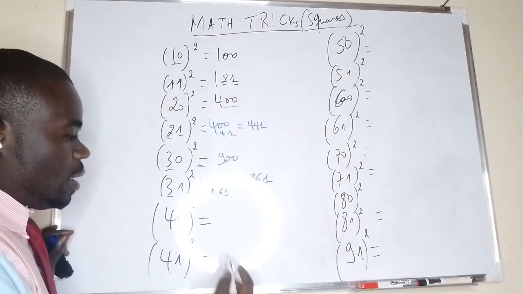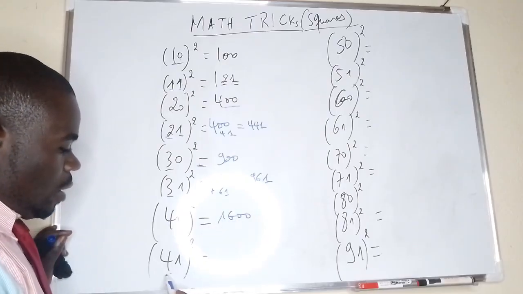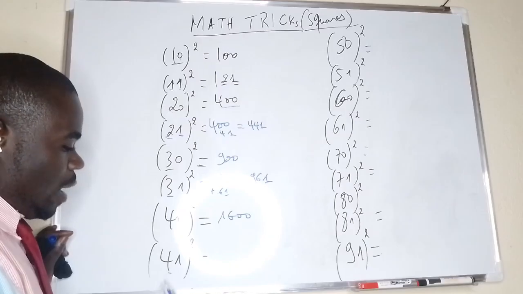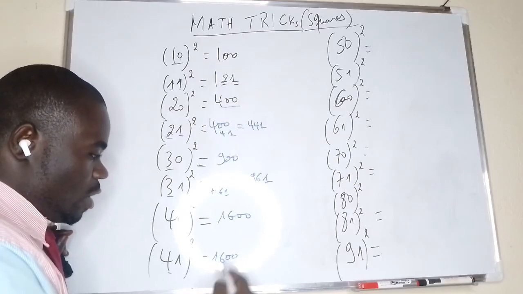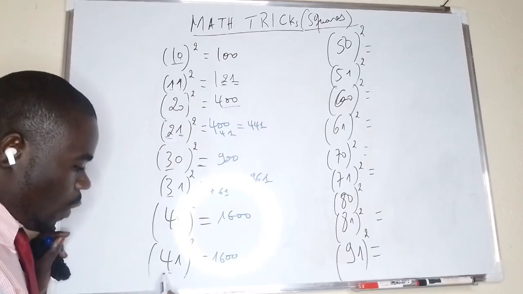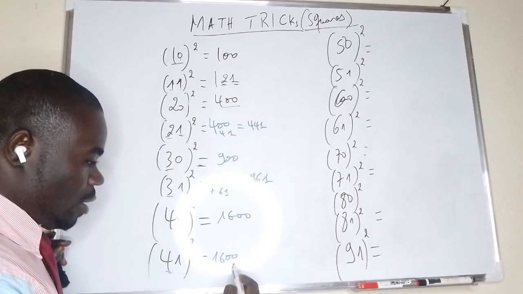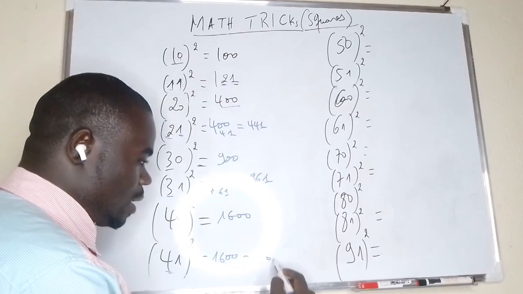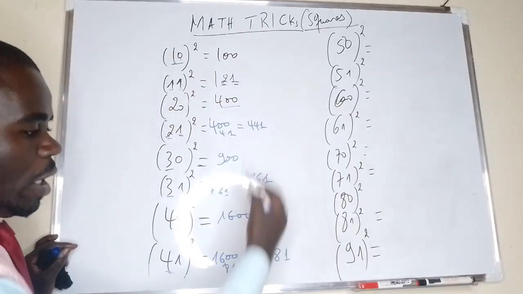We know that 40 squared is 1600. And then for 41, it will be 1600, and we add 40 times 2 plus 1, which is 81. So we get 1681.